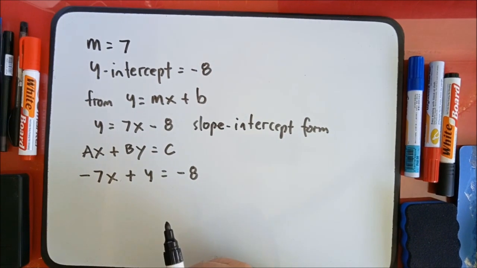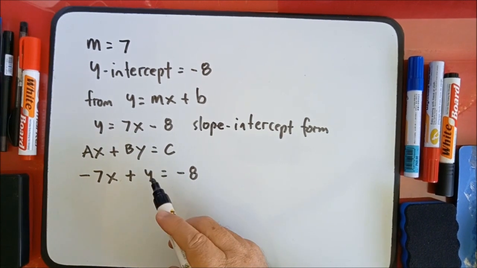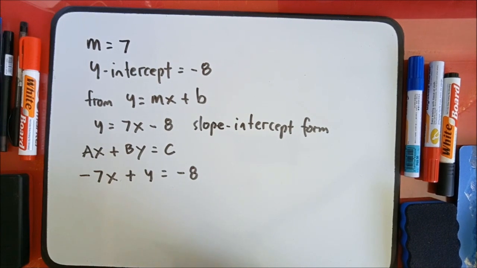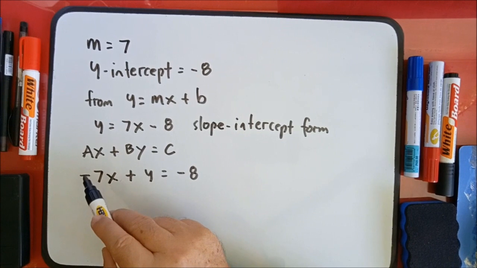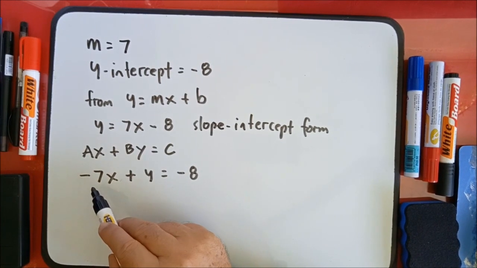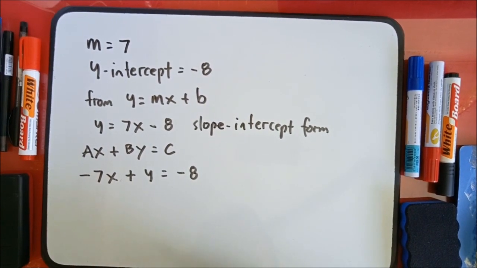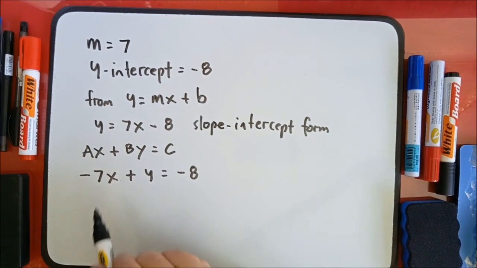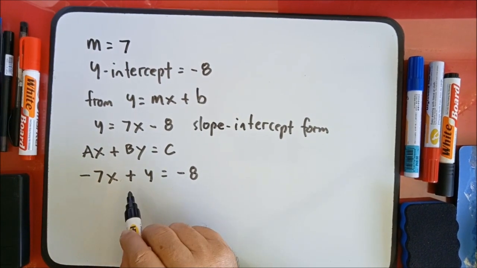Now, a linear equation in standard form is written as ax plus by equals c. This does not mean that a should always be positive. However, by convention, the equation is written in a way that we get a greater than or equal to 0. The conventional way, this should be positive. So what will you do?